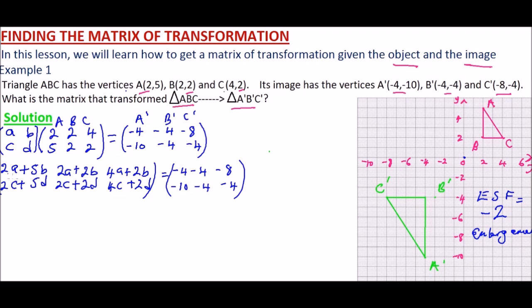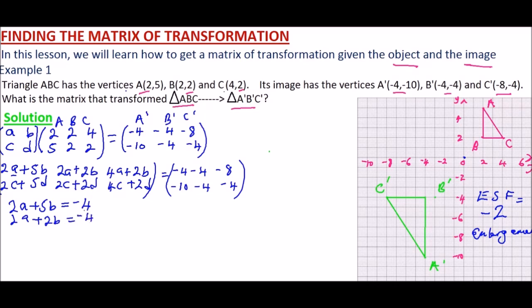That is 2a plus 5b is equal to -4, corresponding elements of the matrix. Then 2a plus 2b is equal to -4 again.